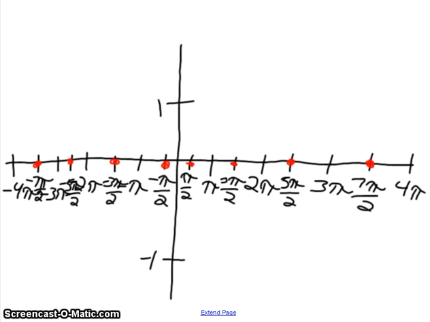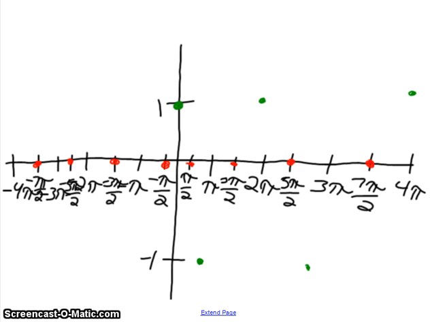The maximums occur at 0, and then a minimum or a maximum every pi. So the next minimum is going to be at pi and then a maximum at 2 pi, a minimum at 3 pi, and a maximum at 4 pi.